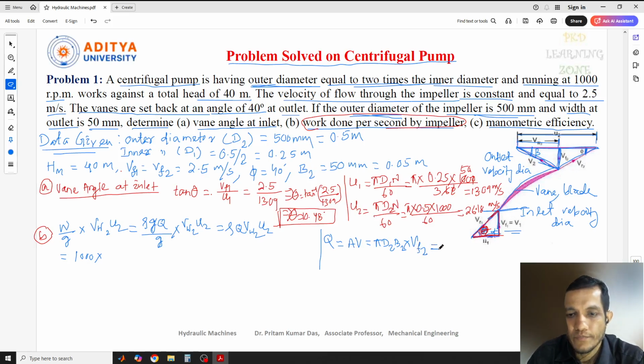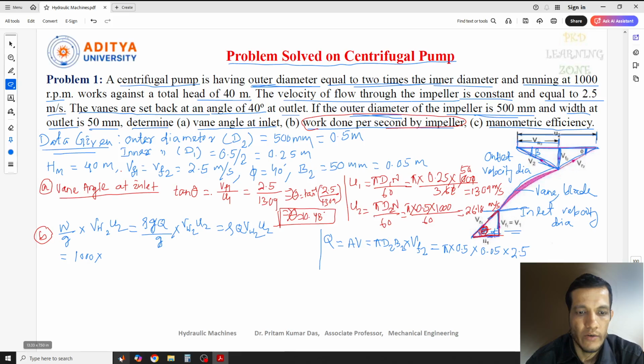Now pi value is there, diameter D2 is 0.5, and B is 0.05, given. Vf2 we have already identified, because Vf1 and Vf2 are both the same, and it is given in the question, 2.5.